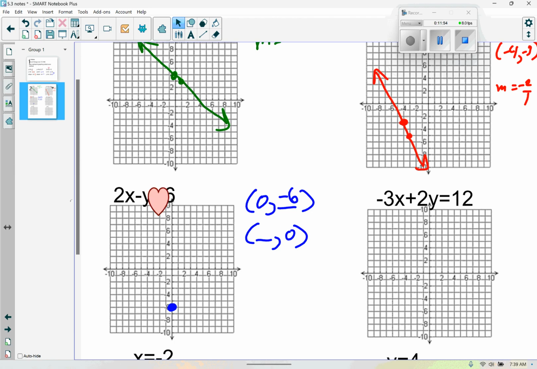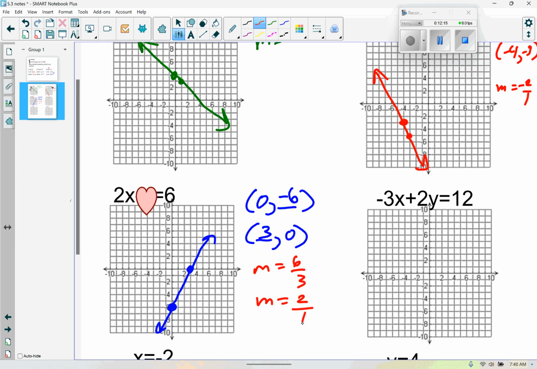This is a y value, so I'm going to cover up the y value. So 2 times what number gives me 6, and that would be 3. Now look at that. I have my 2 points. And you could probably even find your slope from that. You can just say, oh, I can count up 1, 2, 3, 4, 5, 6, right 1, 2, 3. So you could have a slope of 6 over 3, which is 2 over 1 if you reduce it.